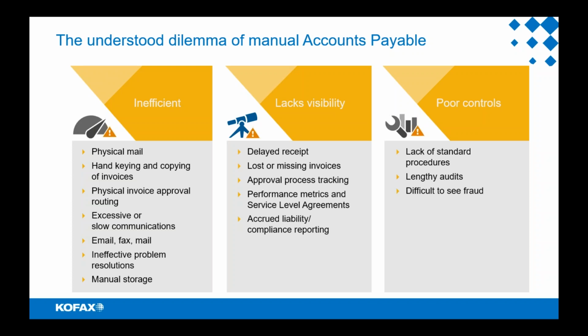So there's a keying process that occurs, and that keying can be very expensive and very inefficient, especially if things get keyed in incorrectly. There's also a visibility issue when it comes to what happens once it gets into your system. Many organizations today are faced with lost or missing invoices because something was put in, the paper was filed away, and unfortunately, they don't know where they put it.